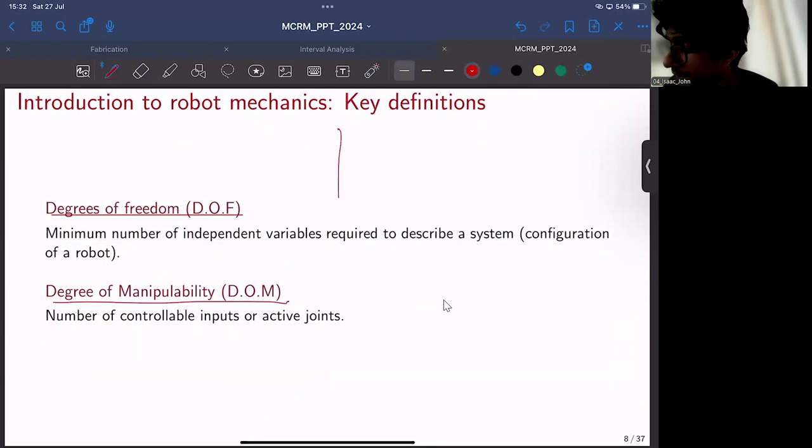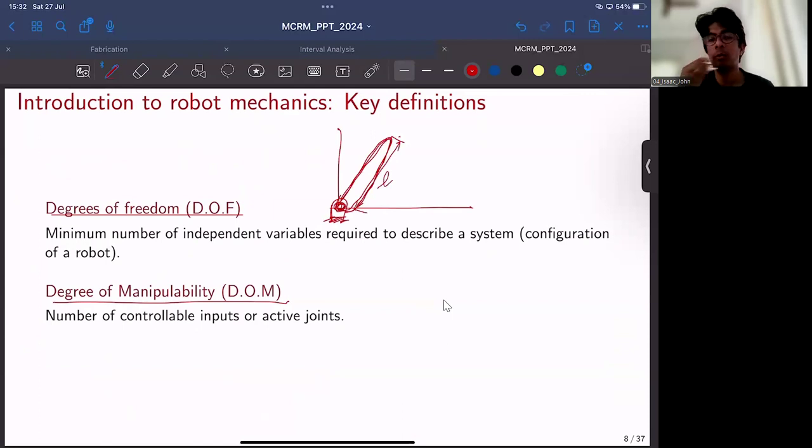For example, if you consider an arm with only a single link connected to the ground with a single revolute joint, this arm has a finite length. Maybe you can call this L. So how many variables do you need to describe the position of this arm? You only need a single variable, theta, right? It describes the configuration of the robot at any of its instances.